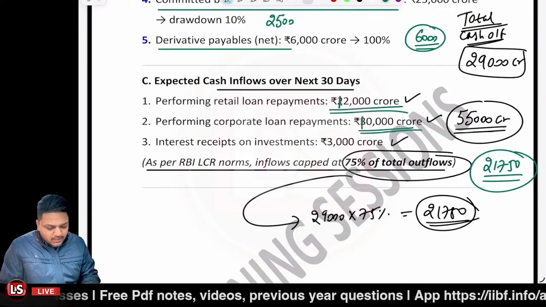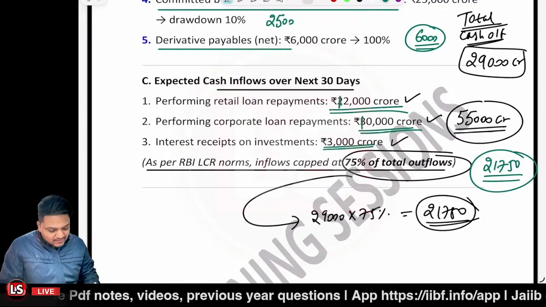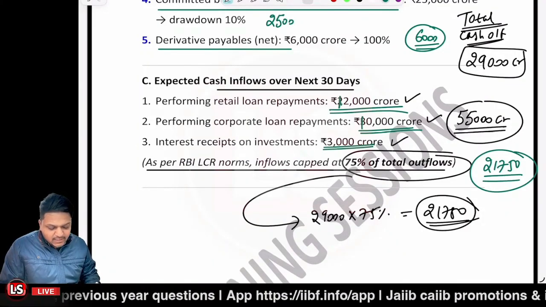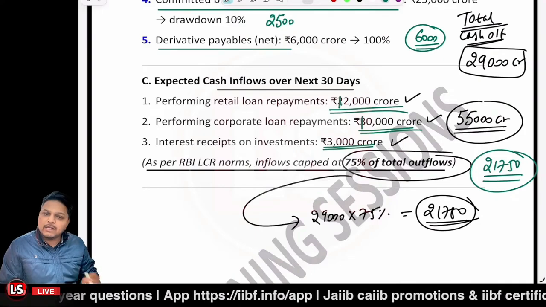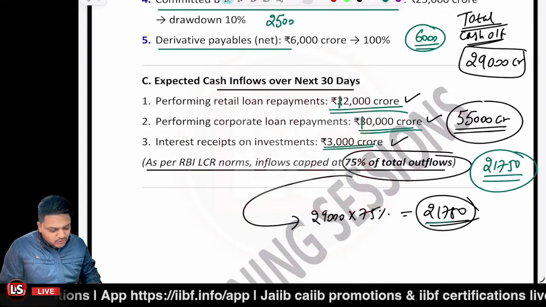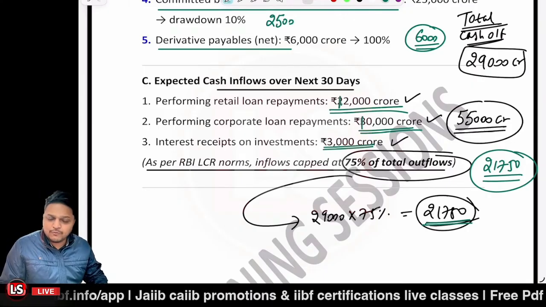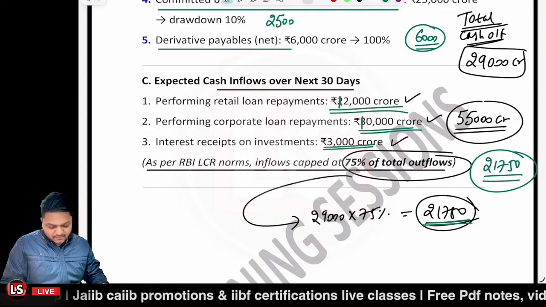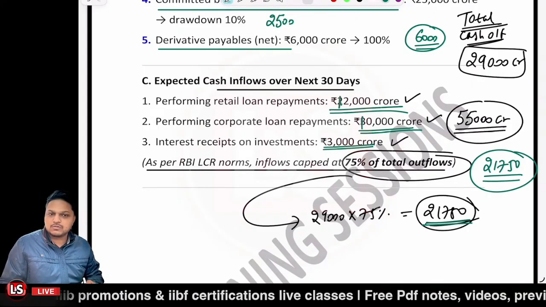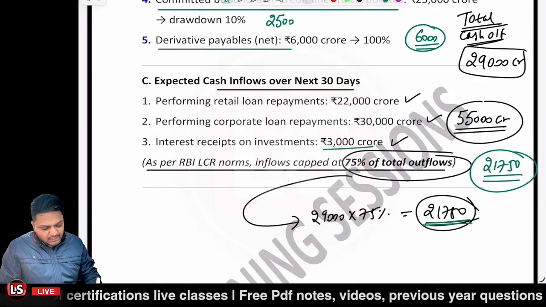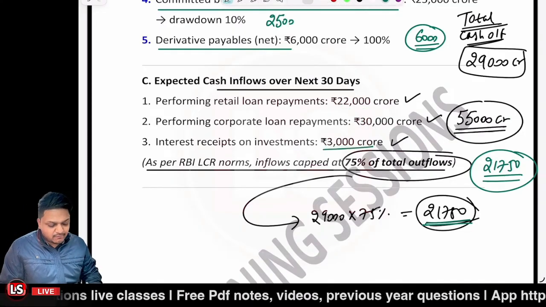Because if the total inflow is lesser than 21,750, then we would have considered the lower value. We have to consider the lower value of the total cash inflows or the 75% of the cash outflows. So that's why we solved it, and it came out to be 21,750.